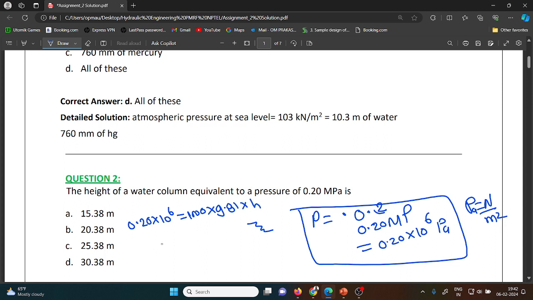So h is equal to 0.2 into 10 to the power 6 over 1000 into 9.81. The 10 to the power 4 cancels, so 100 into 0.2, it will become around 20. So option B is correct, 20.38.